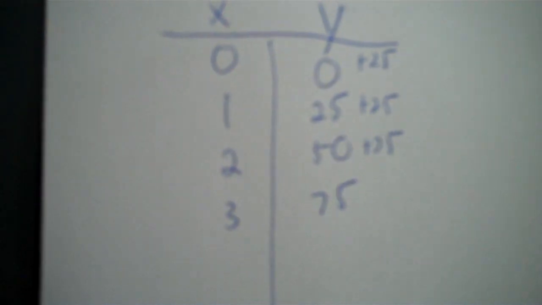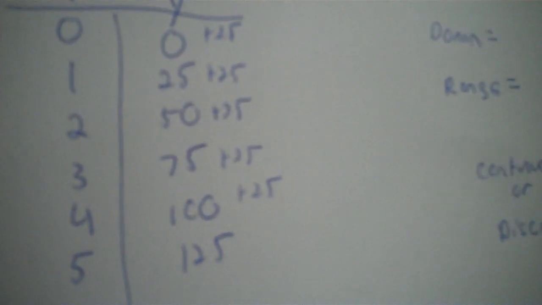Now you're like, well, when do we stop this nonsense? Well, when I get to either the limit of 5 or over the limit of 5. So 4 plus 25, that's 100. And then I get to my limit of 5, plus 25, that's 125. That's the end. Now, you're like, do I have to really list all these numbers for the domain?